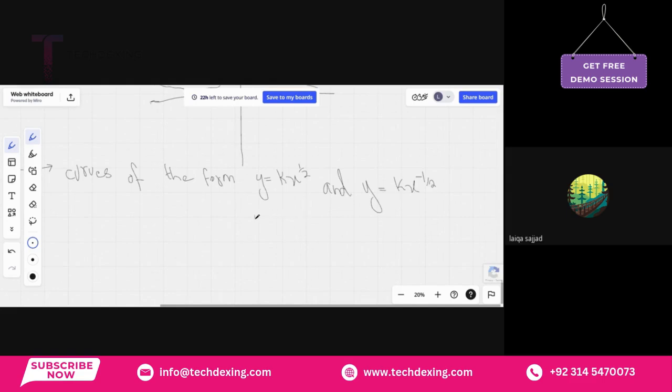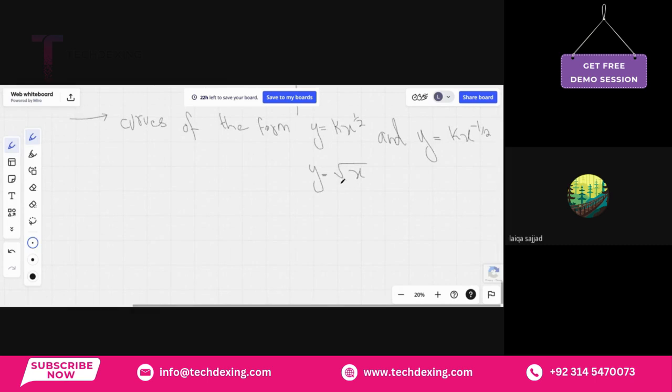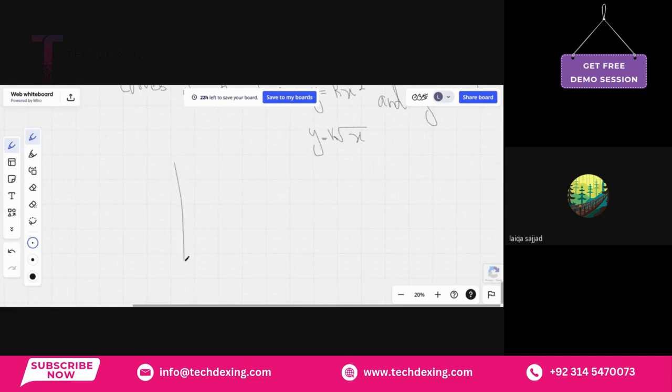Or you can also write it like this. So the curves that you will get in this case would be, in the first case, a curve which would be like this, where the power is 1 by 2.